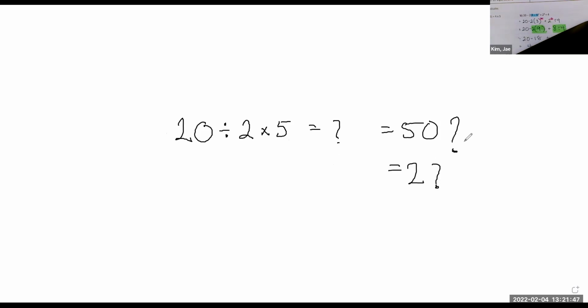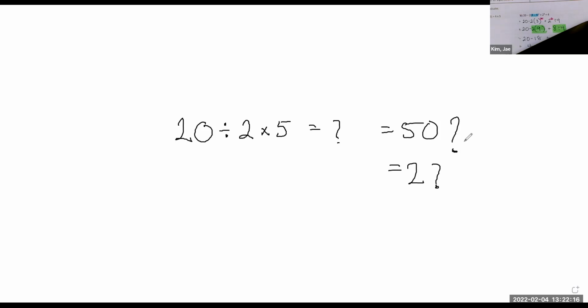Hmm. Okay. That's not a bad logical suggestion. But it's not division or multiplication in any order you want. You could do division first before multiplication. That's still okay technically.